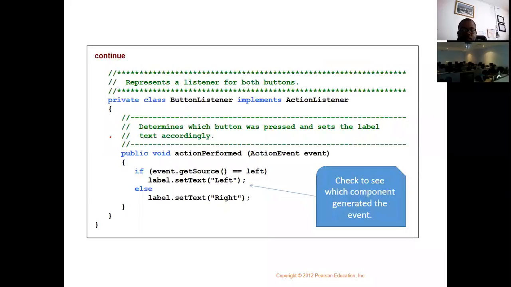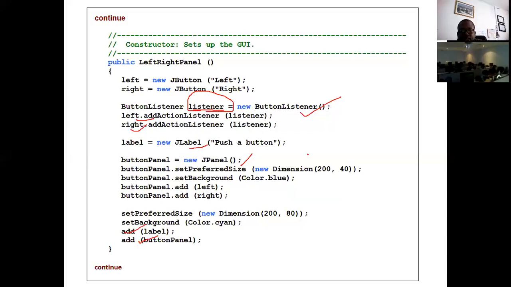So then, our button listener class, which implements action listener, has its single method called action performed. Now an action event is going to be generated, and we're going to call that event when you push either the left button or the right button, because both of them have an action listener attached to them. And that action listener is a button listener.